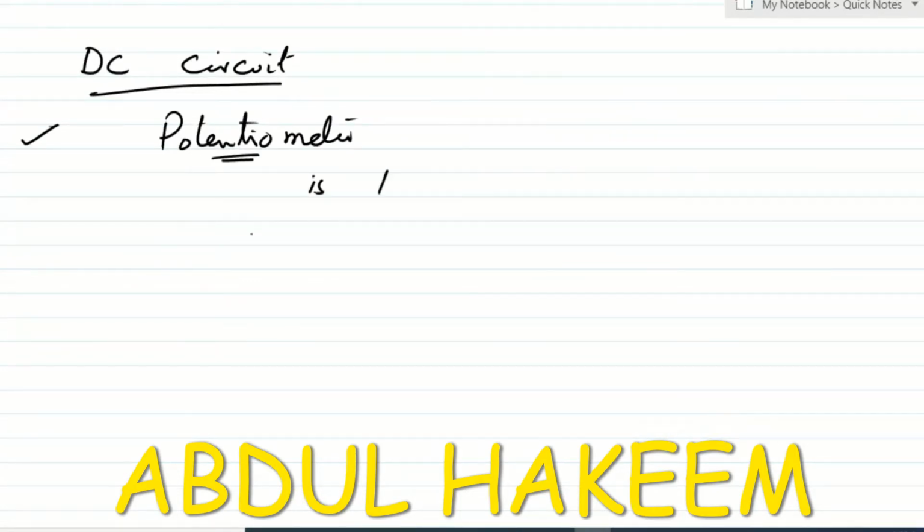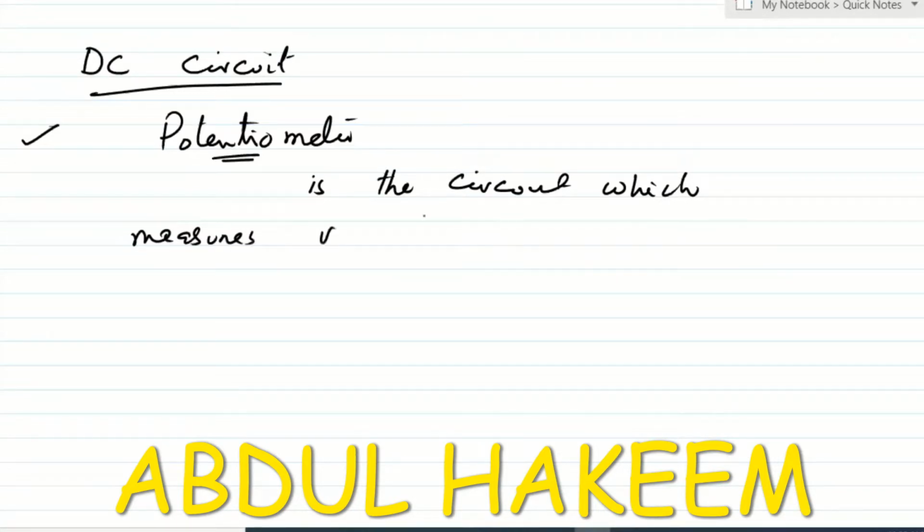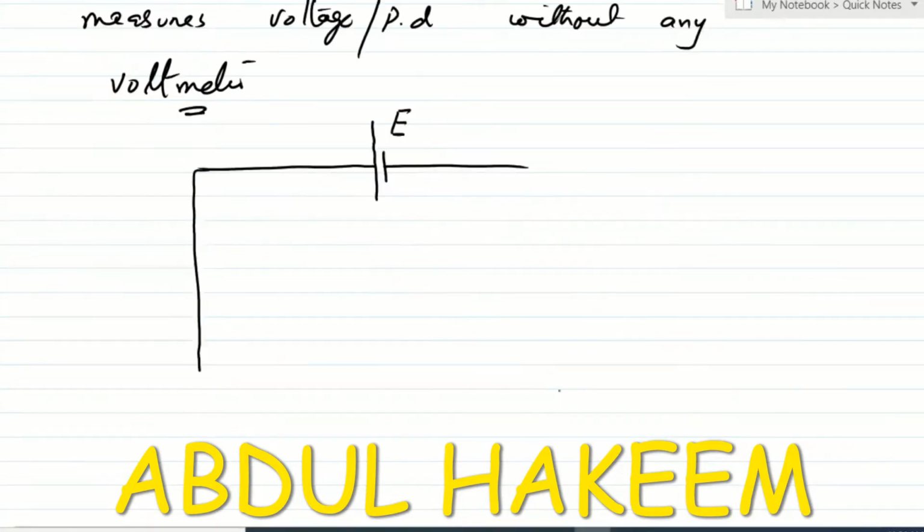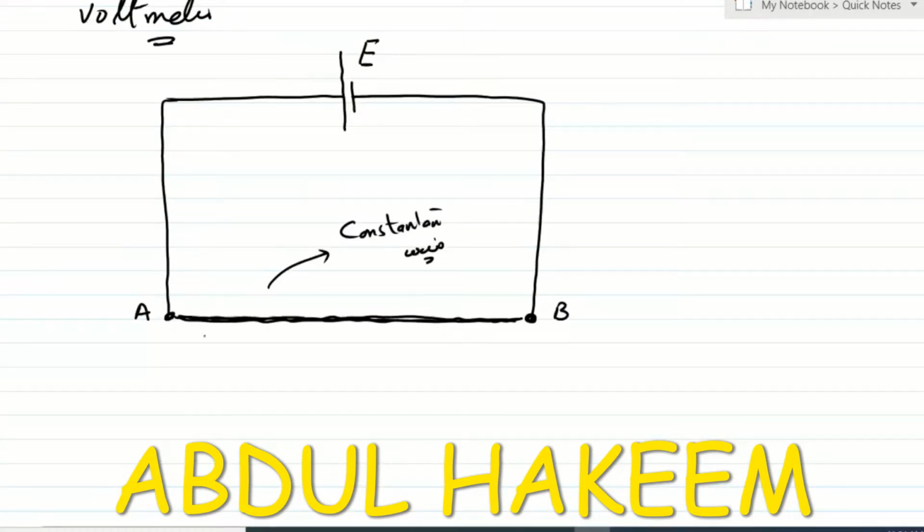Potentiometer is the circuit which measures voltage, potential difference, without any voltmeter. So any circuit which is used to measure potential voltage without any voltmeter is called a potentiometer.